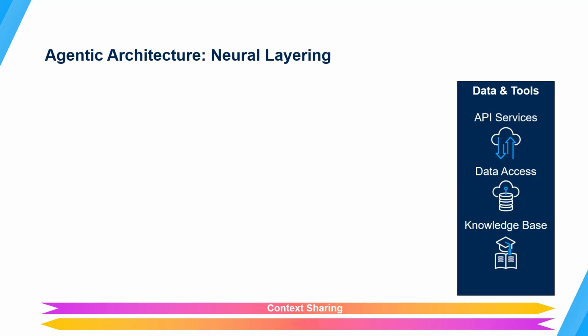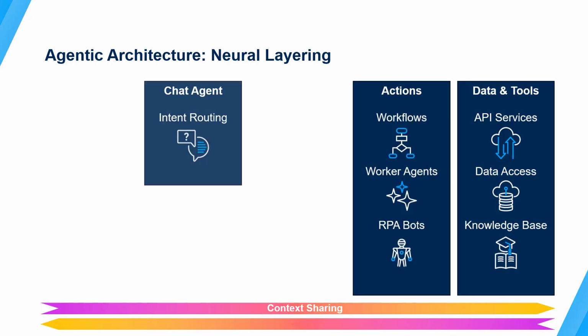So in terms of our architecture, this is now giving us an additional component, so we can now use our chat agent to dynamically pick which workflow, worker agent, RPA bot, knowledge base or API, etc. it is going to use to fulfill whatever the user's typed into the chat interface.